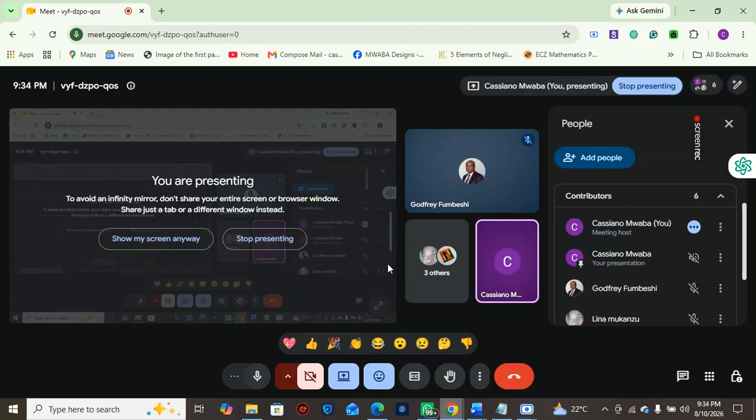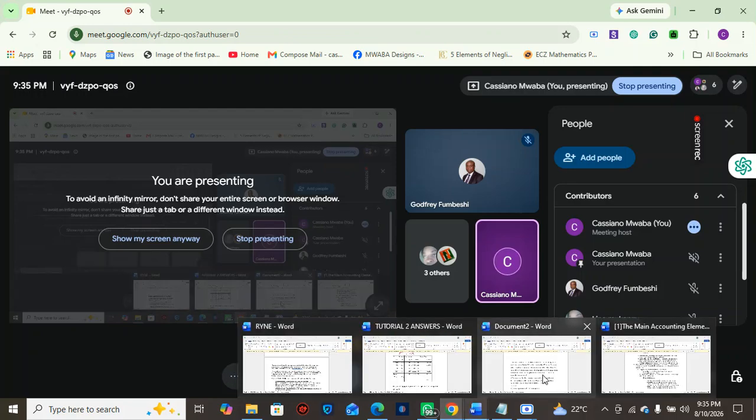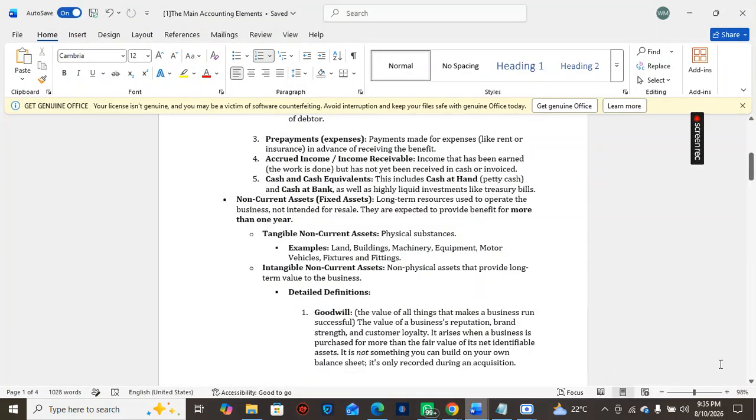That goodwill will represent the hard work you put in for that business to make it run successfully. So goodwill is an intangible non-current asset. Any questions?